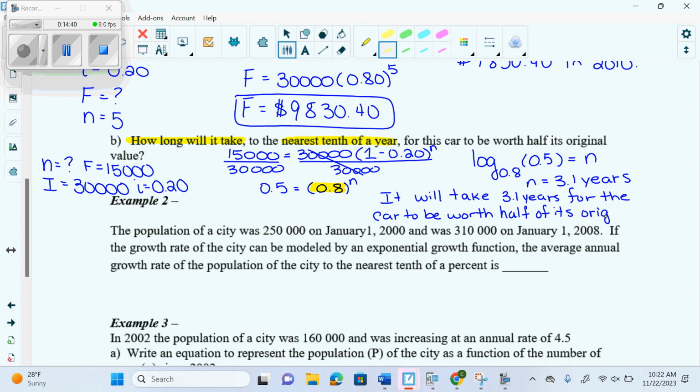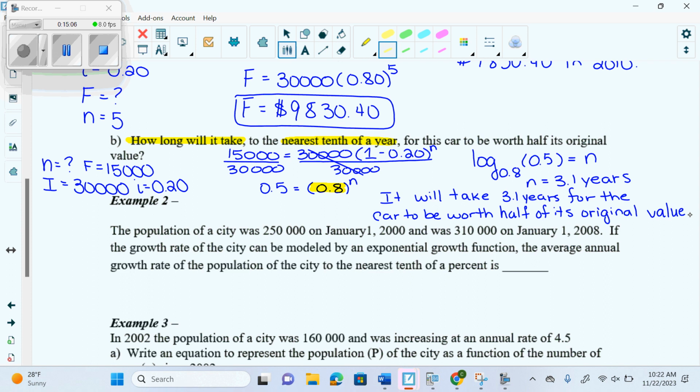Now, I have found out over my 18 years that you guys think that I write stuff for fun, and then you just put it takes 3.1 years and call it a day. If I write something, once again, it's because it's the way to get full marks. It takes 3.1 years. What's it, and what's it taking 3.1 years to do what? If I can ask you what's it, you'd be like, well, obviously, it's a car.